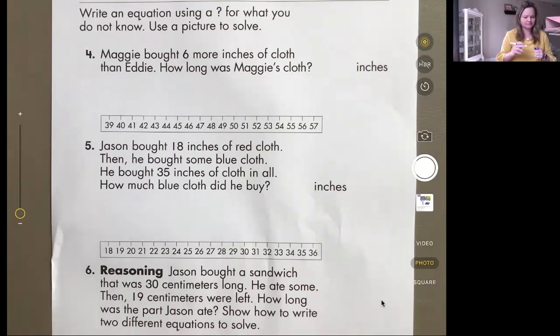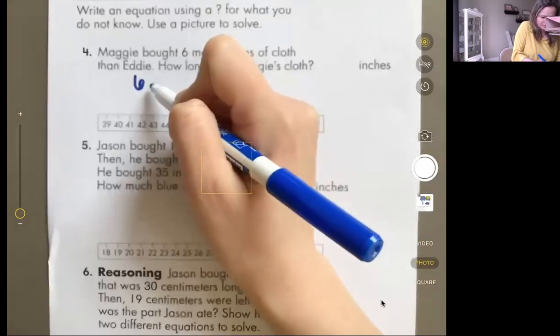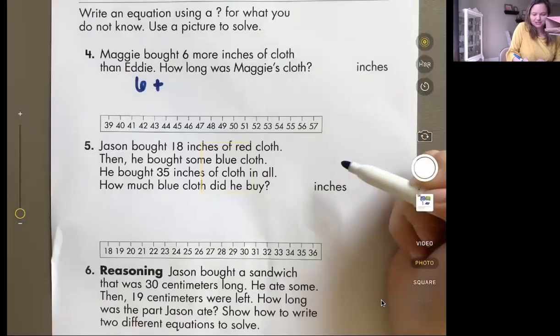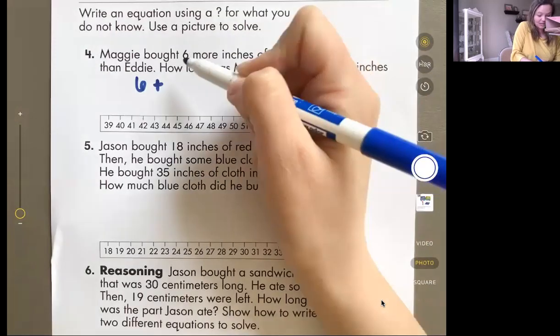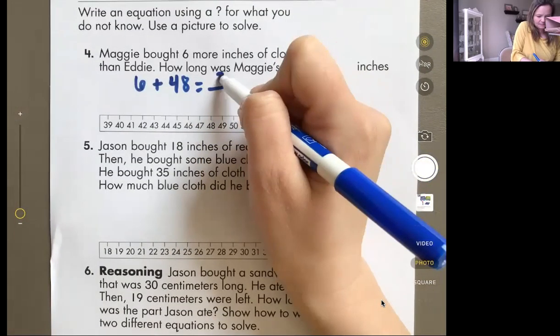So let's think about it. Let's use what we know. We know that Maggie bought 6 more inches of cloth than Eddie. So 6 plus, how much did Eddie have? We know it was 48, equals blank.